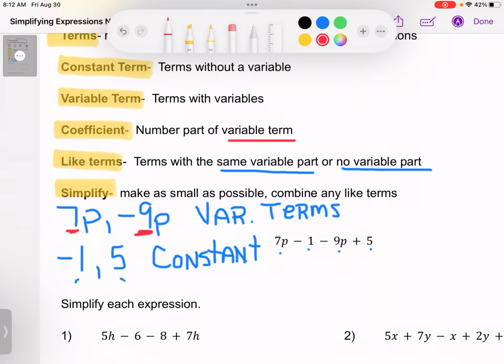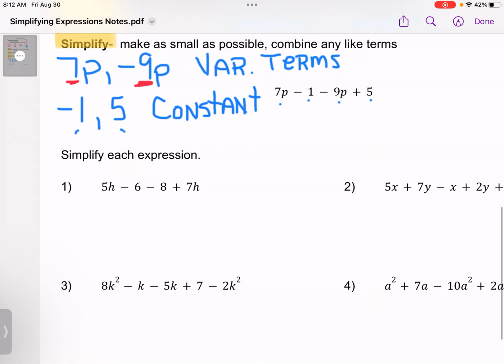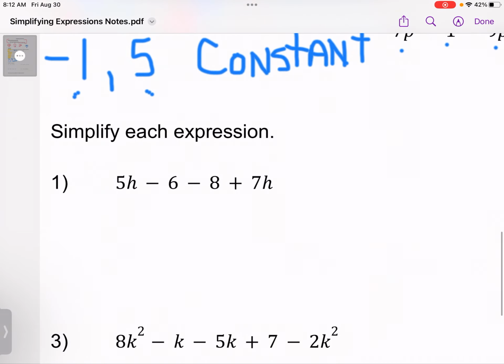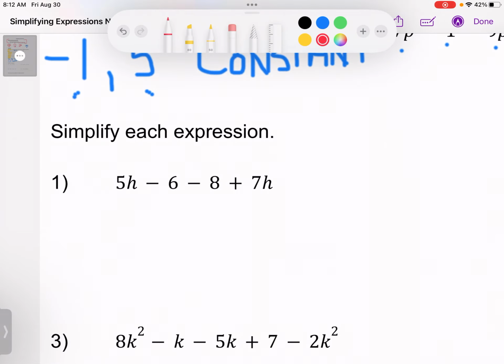Okay, so let's look at some of these examples and talk about how we simplify this expression by combining like terms. So we're going to just start with 5h. You can highlight, you can color, you can circle, box, whatever you want to help you identify what your like terms are. So we have 5h, and notice the other term that has h with it is 7h. So we can put that together. And all we have to do is combine the coefficients.